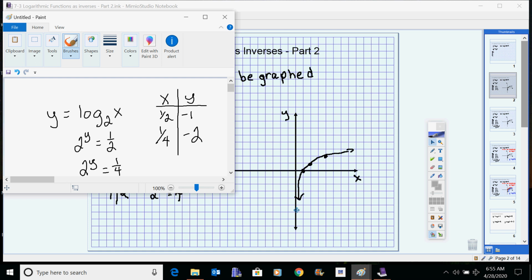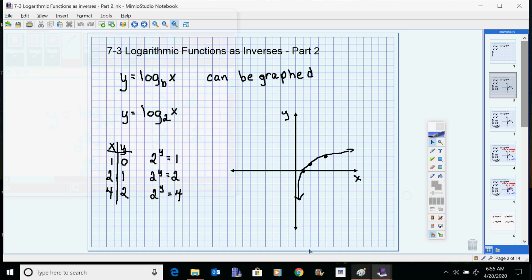And then it would go on and on and on, kind of like exponentially downward, if that makes sense, towards the y-axis for the logarithm. It's just backwards. In other words, it's an inverse of your exponential function.